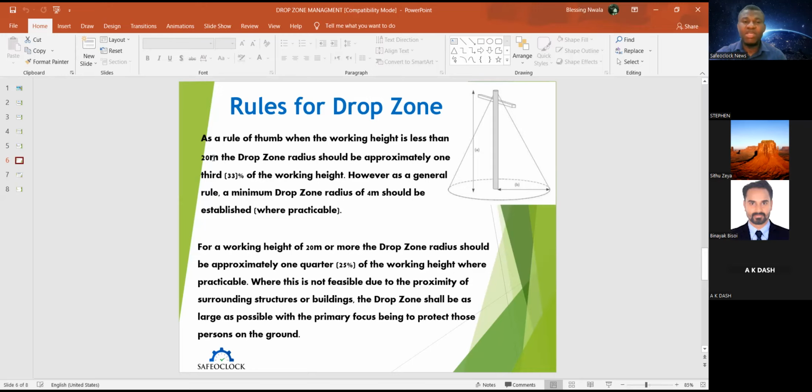If the job is being done at a height that is less than 20 meters, then while establishing the drop zone, it should be about 1/3 of that height. That is 33% of that height.